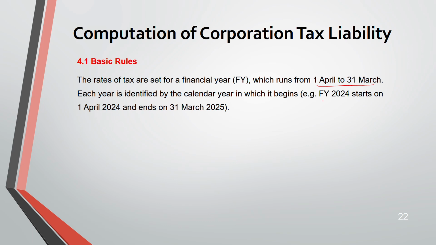For example, financial year 2024 starts on 1st April 2024, ends on 31st March 2025. So starting also will be 2024 financial year. But 1st April is fixed, 31st March is fixed. In individual it is 6th April to 5th April. Here 1st April to 31st March.